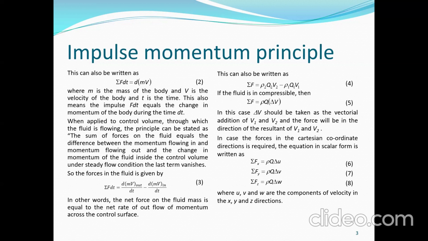So when applied to a control volume through which the fluid is flowing, the principle can be stated as: the sum of the forces on the fluid equals the difference between the momentum flowing in and the momentum flowing out, and the change in momentum of the fluid inside the control volume. Under steady flow conditions, the last term vanishes.